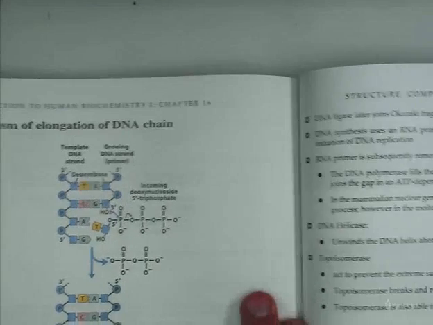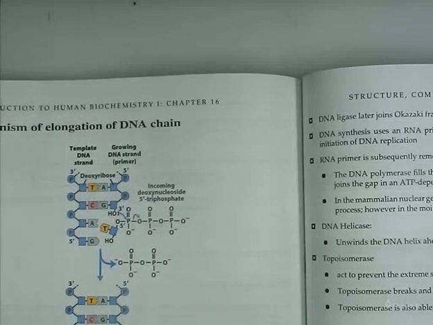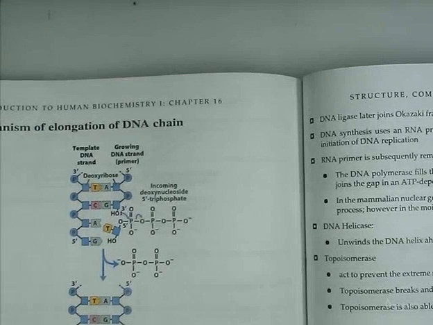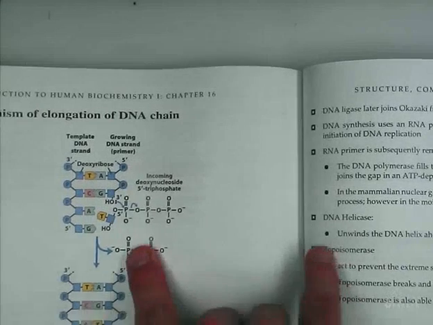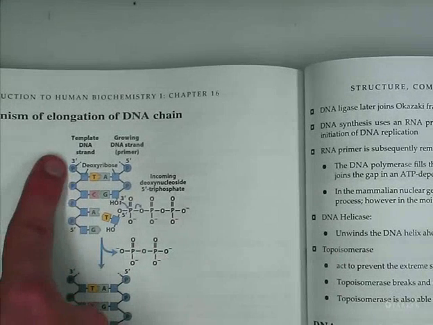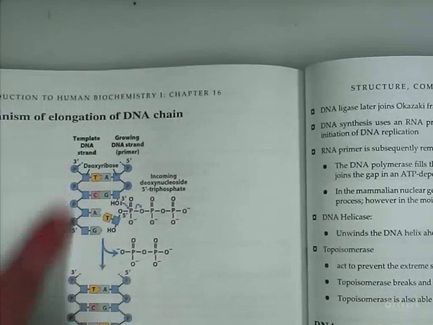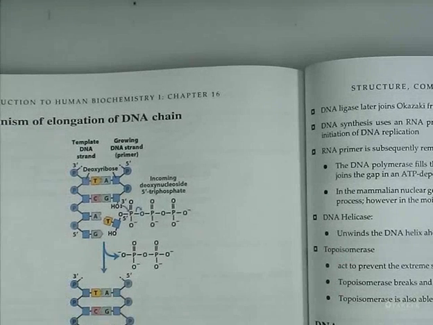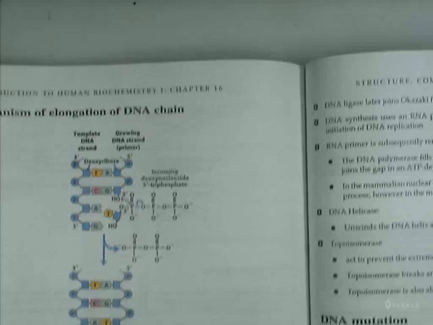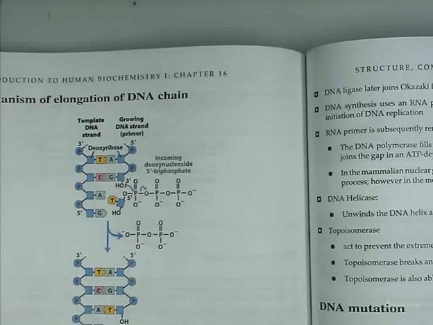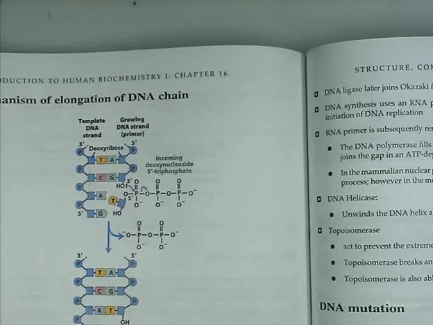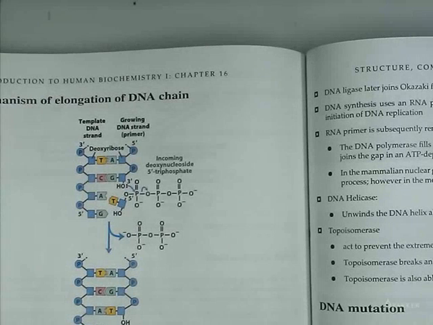Moving on, chain elongation of the DNA chain. It goes from the 5' to 3'. The DNA polymerase 1 is reading it from the 3' to 5', because the polymerase 1 is on the template strand.